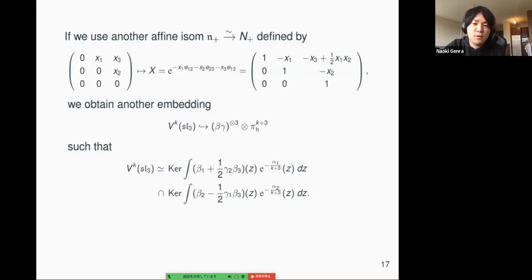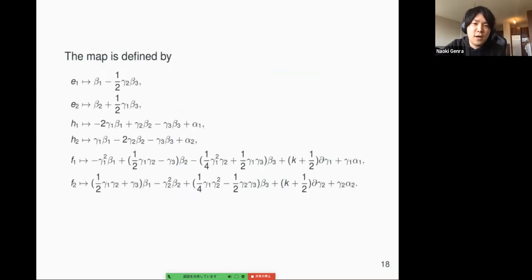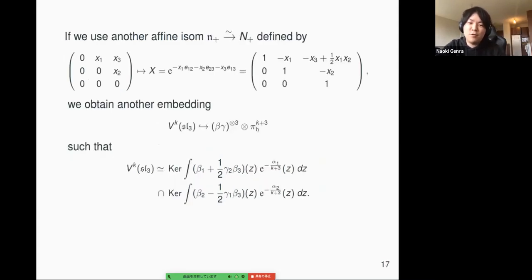And if you look at the explicit formula of this embedding, which I wrote here, for example, you can see E1, E2 look very symmetric, but F1, F2 are very complicated. It looks somewhat symmetric because I chose a symmetric coordinate. You don't need to understand this one, but this means that the screening operator of an affine vertex algebra is not unique.